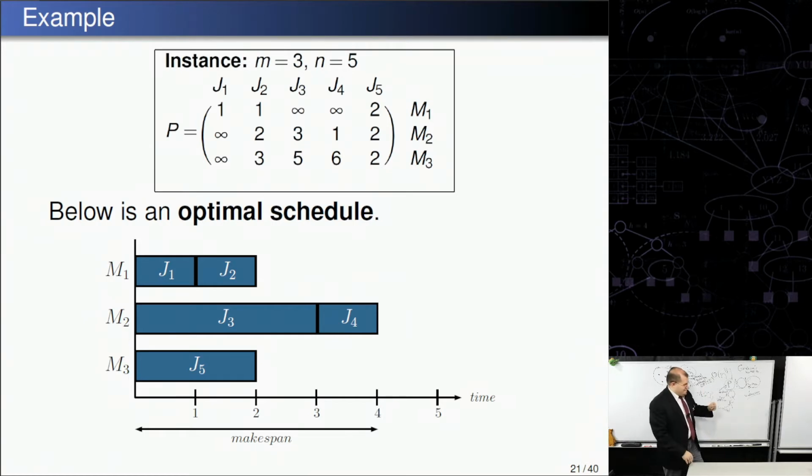Hopefully that's clear. Okay, so imagine I have this matrix here. The rows represent the machines, the columns represent the jobs. For example, if I try to schedule job 1 on machine 1, it will take 1 time unit. But notice it cannot be placed on any of the other machines because it will take too long. However, job 2 can take 1 time unit on machine 1, 2 time units on machine 2, and 3 time units on machine 3.